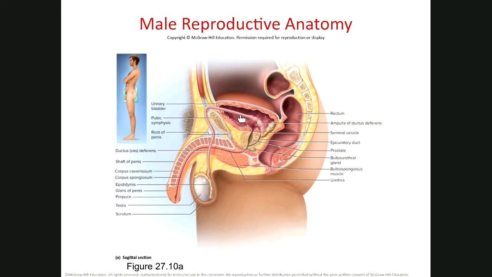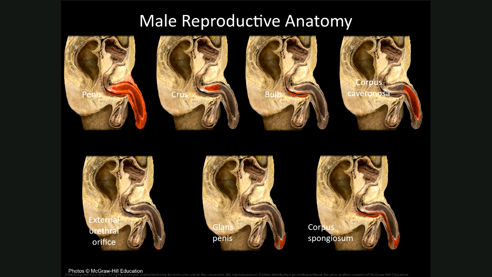All right. Now here's a human remains picture of it. This is the penis, and this is the crus of the penis, the bulb of it. This is from the human remains, and of course you see the corpus cavernosa. You'll see that again in another picture.